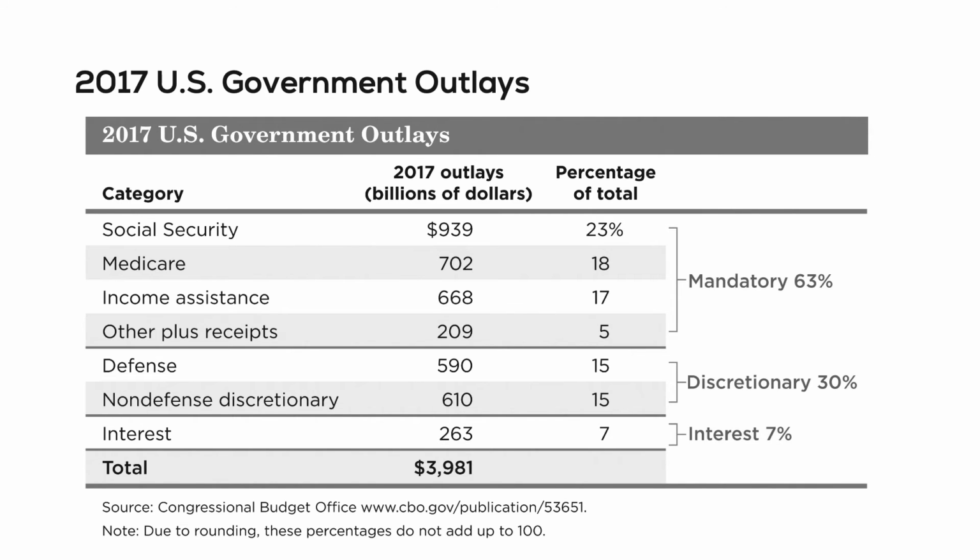And then roughly 7% of US spending goes to paying interest on debt that the US has accrued. In some parts of the world, like Oman, for instance, interest payments are becoming a larger portion of the budget. And if your interest payments become too high, then it takes away from other discretionary outlays.